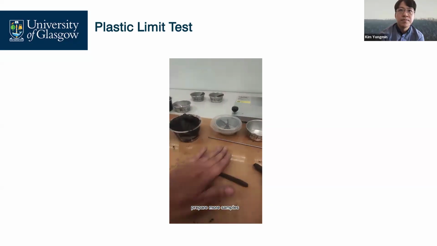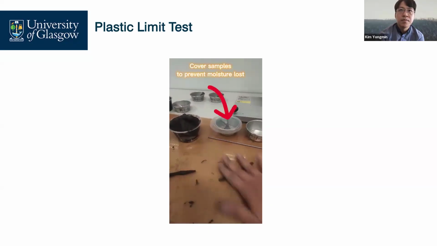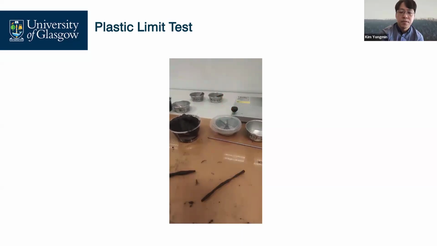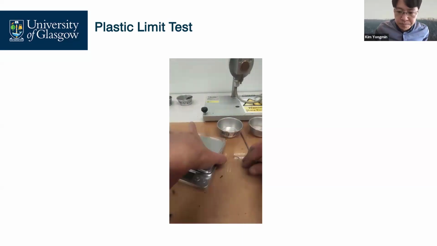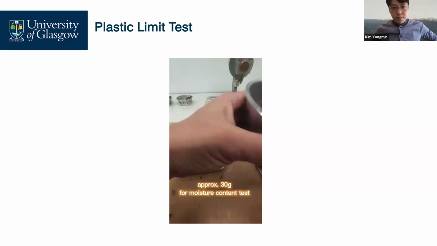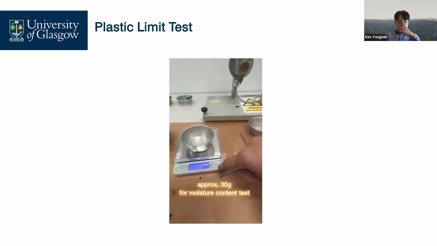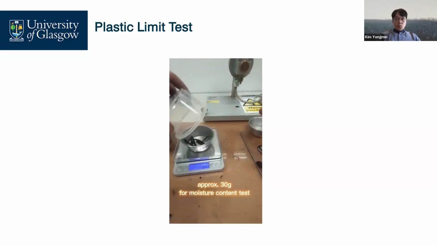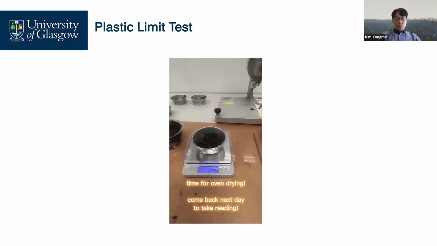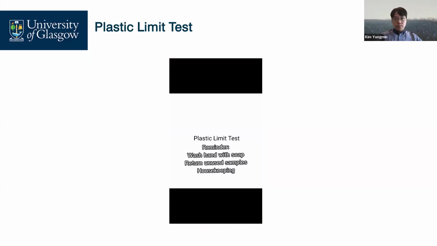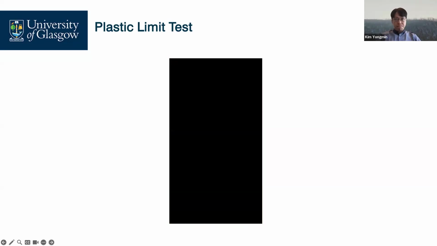Prepare more samples. Cover the samples to prevent moisture loss. Time for oven drying. Come back next day to take the reading. Reminder: wash your hands with soap, return and use samples, and do housekeeping.